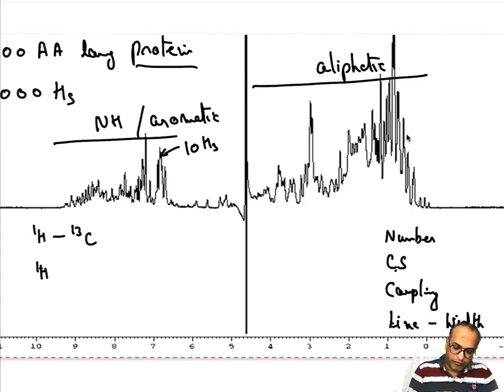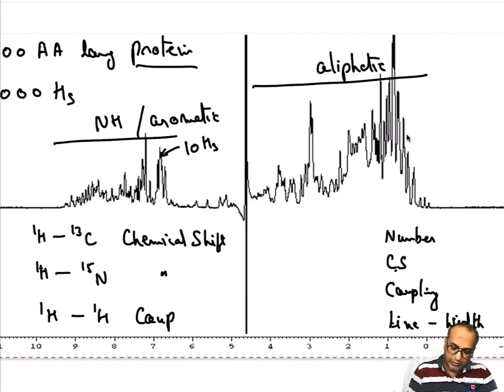Chemical shift of nitrogens can be used, and we will see how we can use that. We can also use the proton-proton scalar coupling, because coupling constants are specific for different protons, and we can use that coupling constant to pull out these protons differently or to different extents. What do I mean by that?